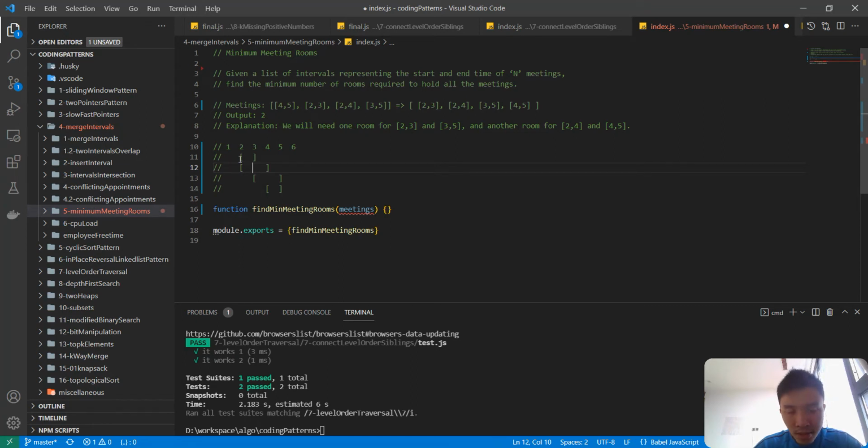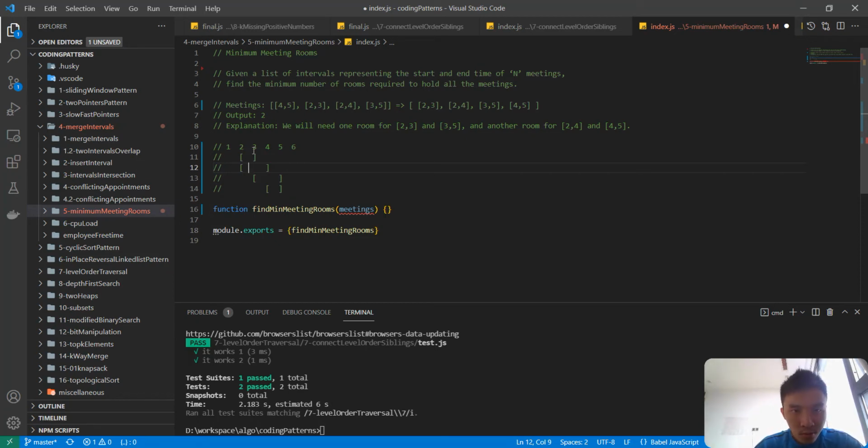Because there are 2 meetings happening at the same time, we need 2 rooms, not one room.